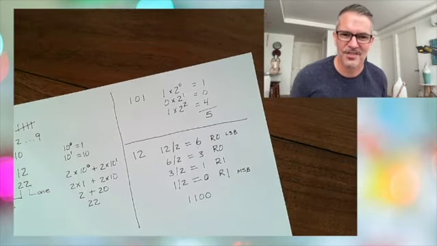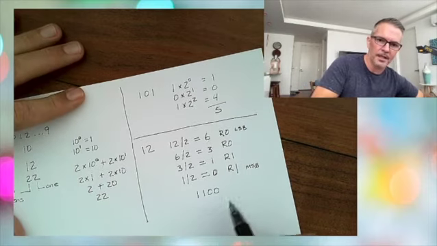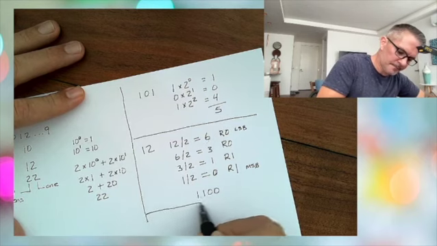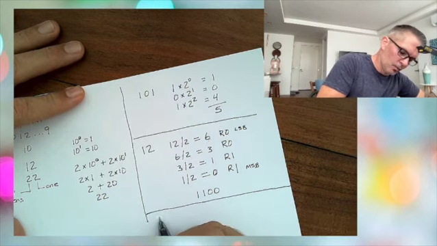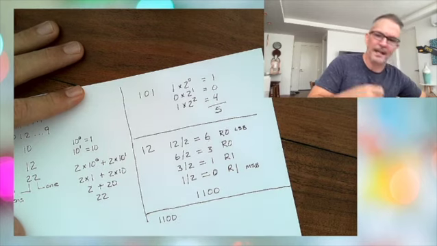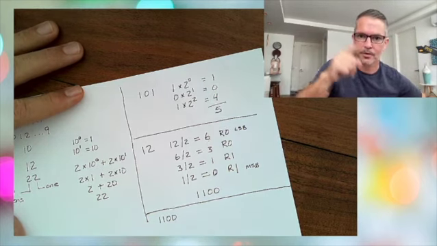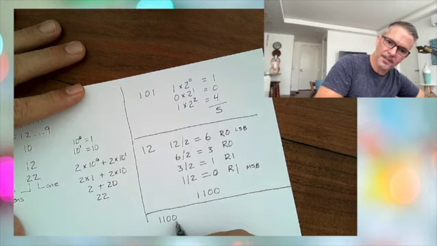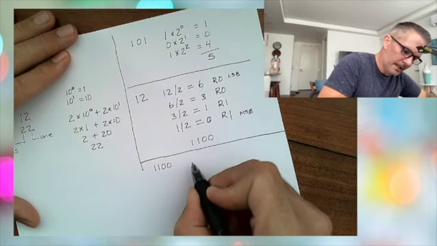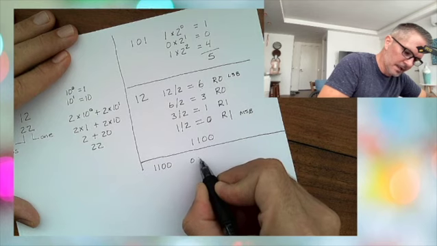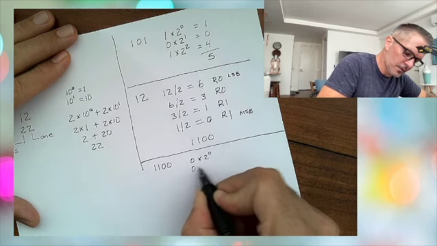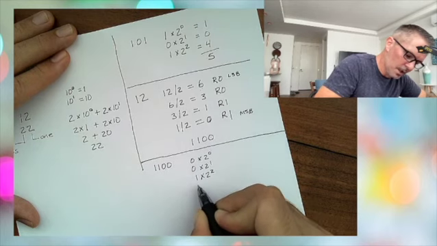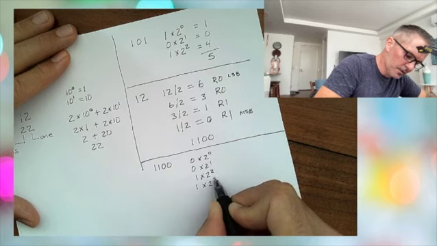Now let's prove it to ourselves really quickly using the technique I gave you up here. Let's take 1, 1, 0, 0 and convert it back into decimal using the powers of 2 technique. I take the least significant symbol: 0 times 2 to the 0, 0 times 2 to the 1, 1 times 2 to the 2, 1 times 2 to the 3.